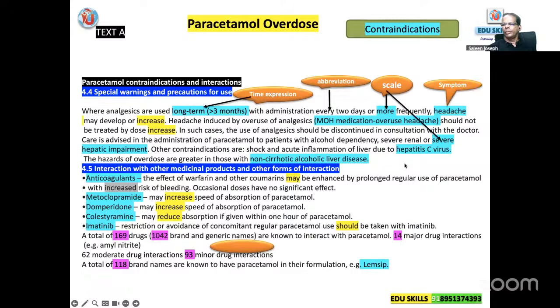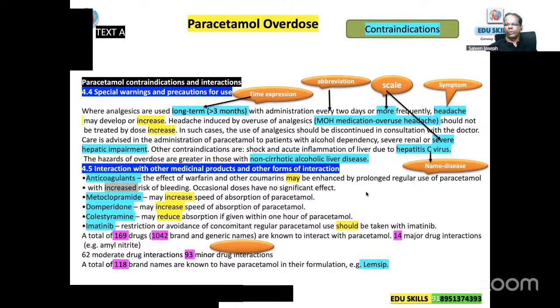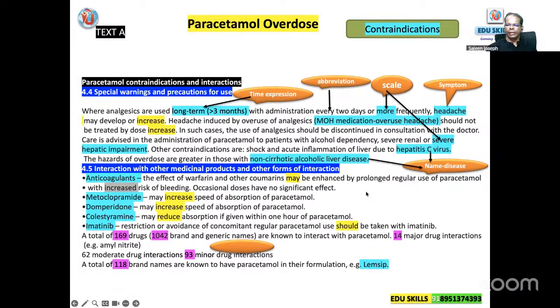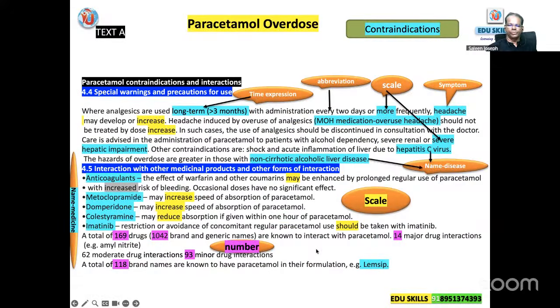Then you have the symptom, headache. Name of the disease: hepatitis C virus and non-cirrhotic alcoholic liver disease. Then you have names of medicines here, 3 or 4 of them. Then you have scale expressions. You have numbers. This we have already seen.